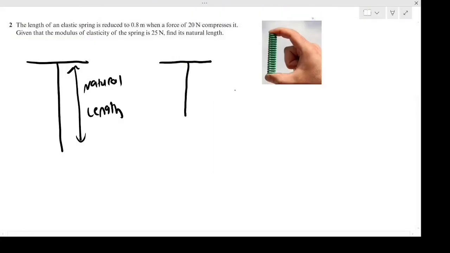If you're going to condense or shrink the spring, there's going to be a force pushing into the spring like this to compress it. This force is 20. This is my compression force, acting upwards to push into the spring to condense it.